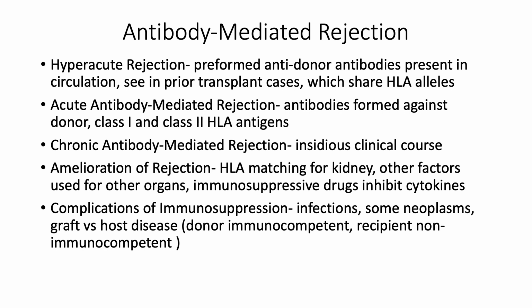Antibody-mediated rejection, there's hyperacute rejection, where preformed anti-donor antibodies are present in circulation. These are seen in prior transplant cases which share HLA alleles. Acute antibody-mediated rejection, autoantibodies are formed against the donor class 1 and class 2 HLA antigens. Chronic antibody-mediated rejection has an insidious clinical course.